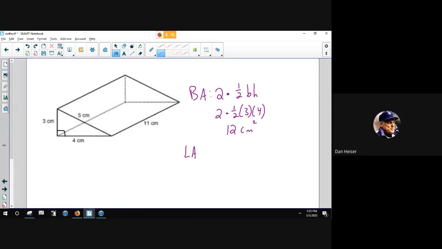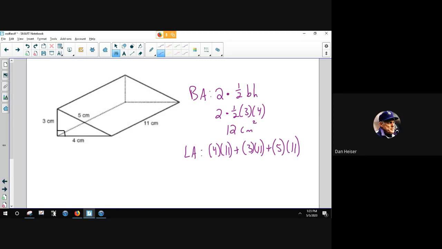Lateral area. Well, we have three parallelograms. We have this one, which measures 5 by 11. We have this bottom one, which measures 4 by 11. And we have this back one, which measures 3 by 11. So 4 times 11, add that to 3 by 11, add that to 5 by 11.